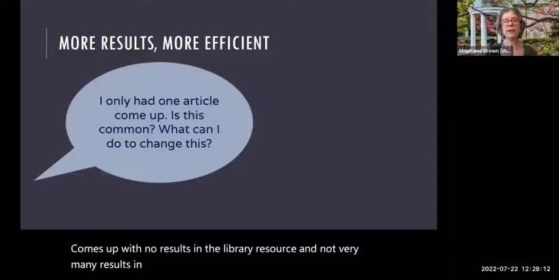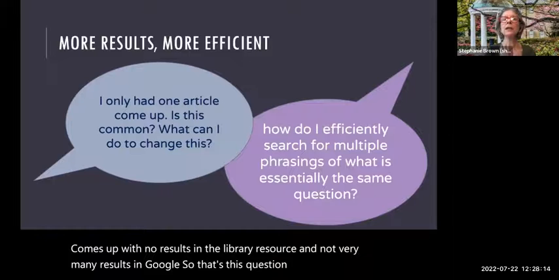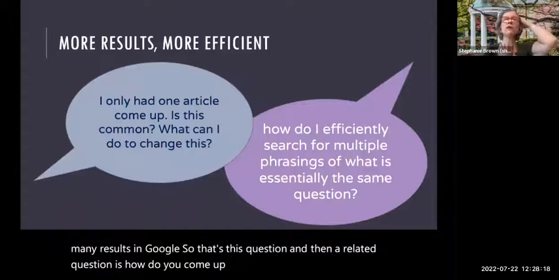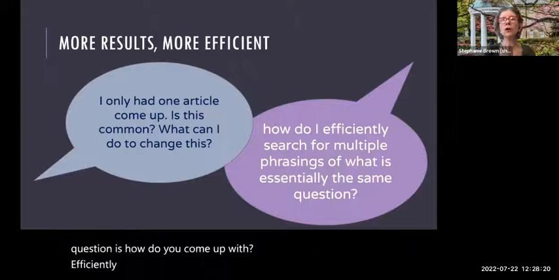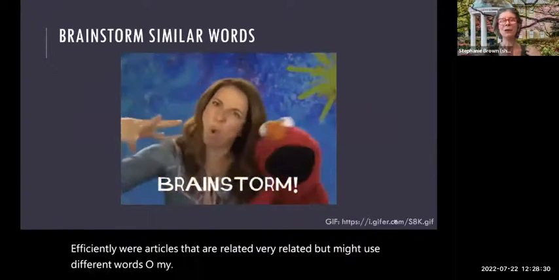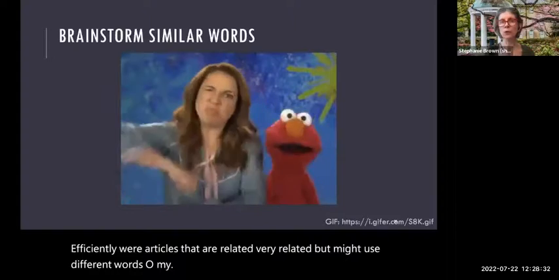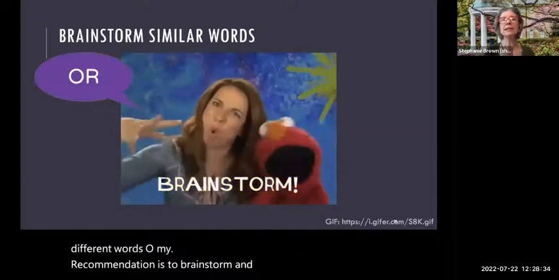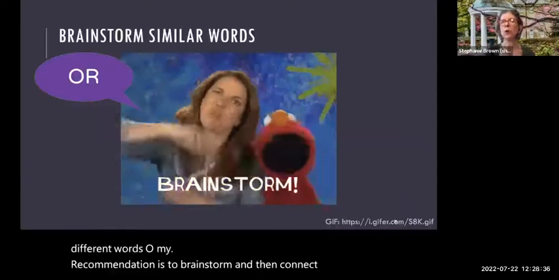So that's this question. And then a related question is, how do you come up with efficiently articles that are related, very related, but might use different words? So my recommendation is to brainstorm and then connect similar words with the word or.